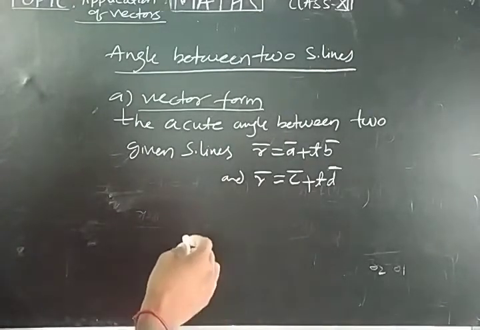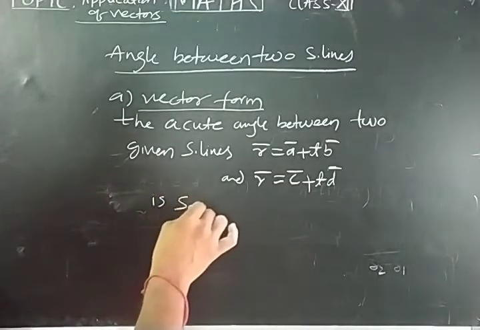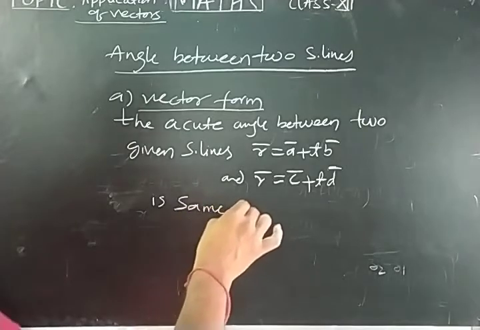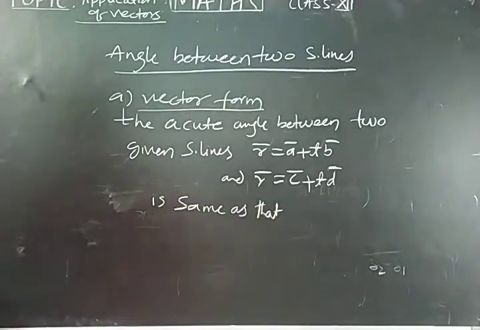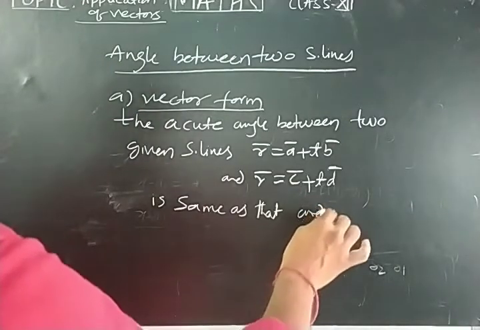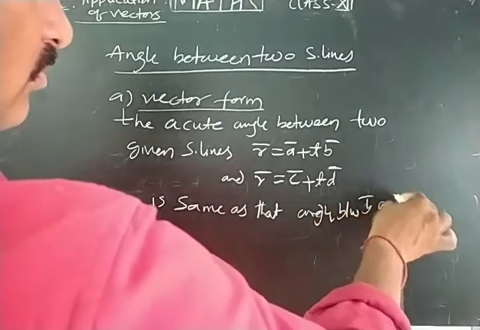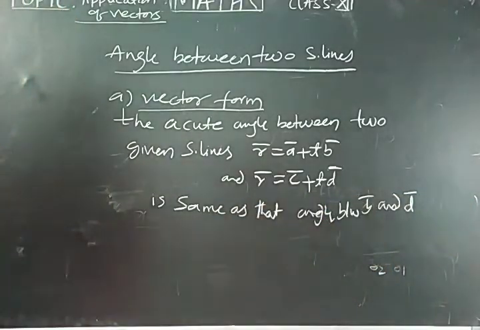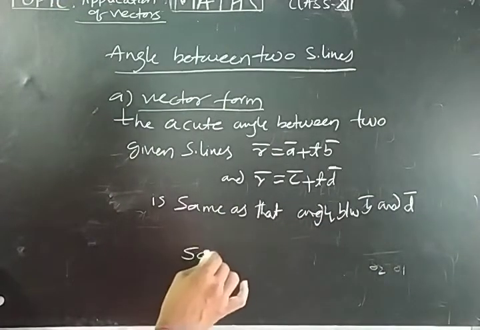So the angle is the same as the angle between b bar and d bar. So we can get that angle.